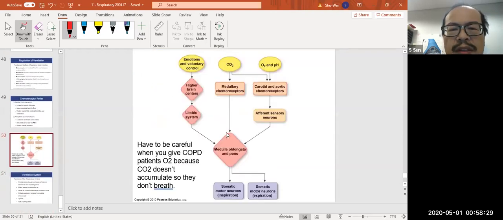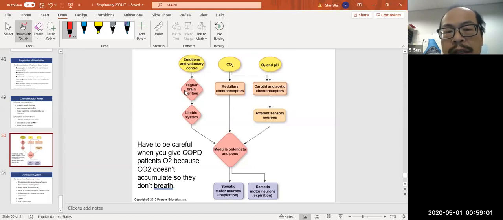So look at this one here. This is the medulla and the pons, where we have the respiratory pattern generator, and it is overall triggered by CO2, O2, and pH. CO2 directly affects our central chemoreceptor. O2 and pH affect our peripheral chemoreceptor.